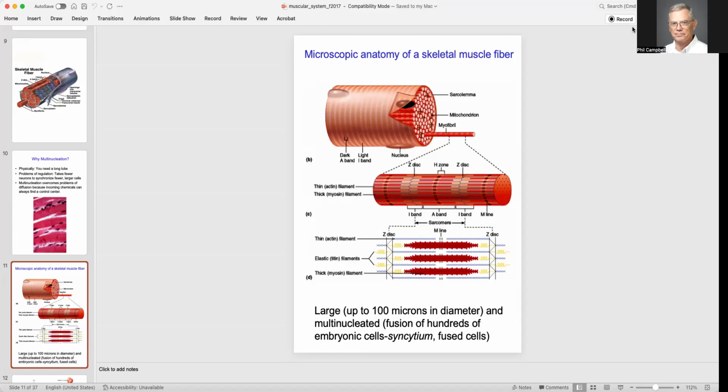I think it helps to reinforce stuff, so I will be repeating myself. Here is a muscle cell at the top. Note that we have the sarcolemma, or the plasma membrane. We have the nuclei. Notice that they are right underneath the surface of the cell. That's because they're excluded and squeezed out because the cell is filled with myofibrils.